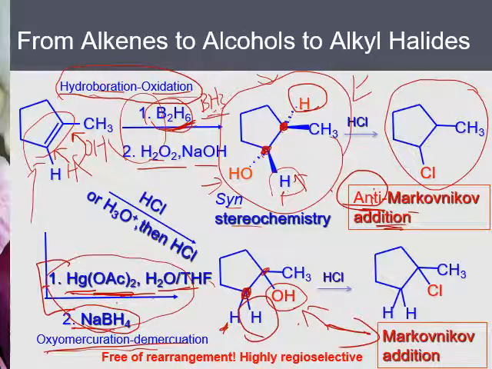But if you use borane followed by hydrogen peroxide, when you combine these two together, water will add to the double bond to form an anti-Markovnikov alcohol and a syn addition. The third method is simply adding water under acidic condition.